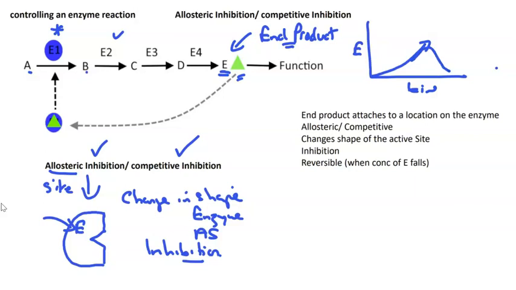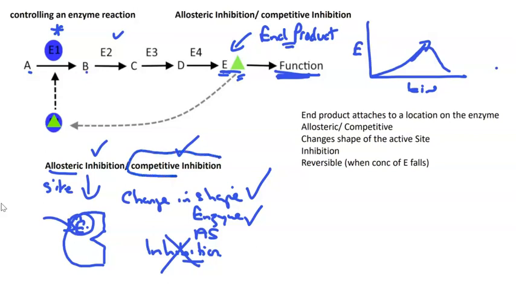As the levels fall, this will encourage E to be removed from the surface of the enzyme. With E removed, the shape is re-established, the enzyme puts back its active site shape, and the inhibition is broken. The pathway switches on again, and this cycle repeats itself.